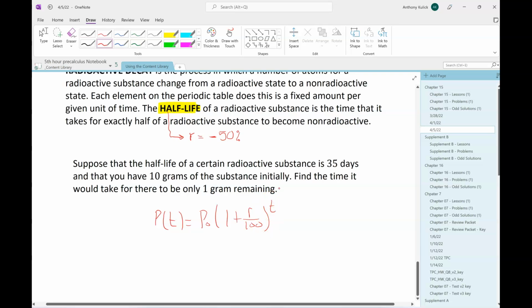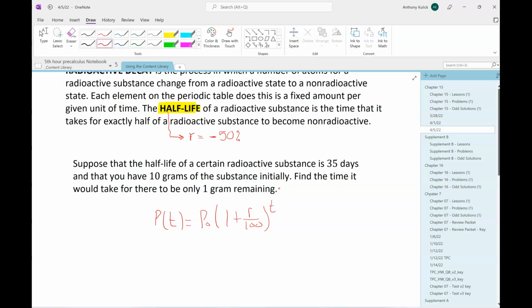So again, we'll still just be using our population model. Worth pointing out, though, we're going to be doing the same strategy as before, right? This is going to be a two-step problem.